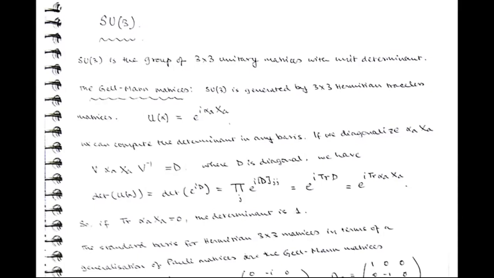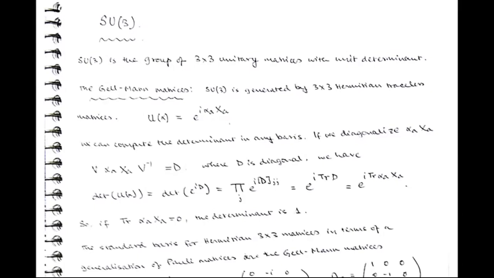So this is just the trace of D. Now remember that the trace is going to be the same for D or for alpha a Xa. So if the trace of alpha a Xa is 0, that means the determinant is equal to 1. So the tracelessness actually leads you to having SU3 here.